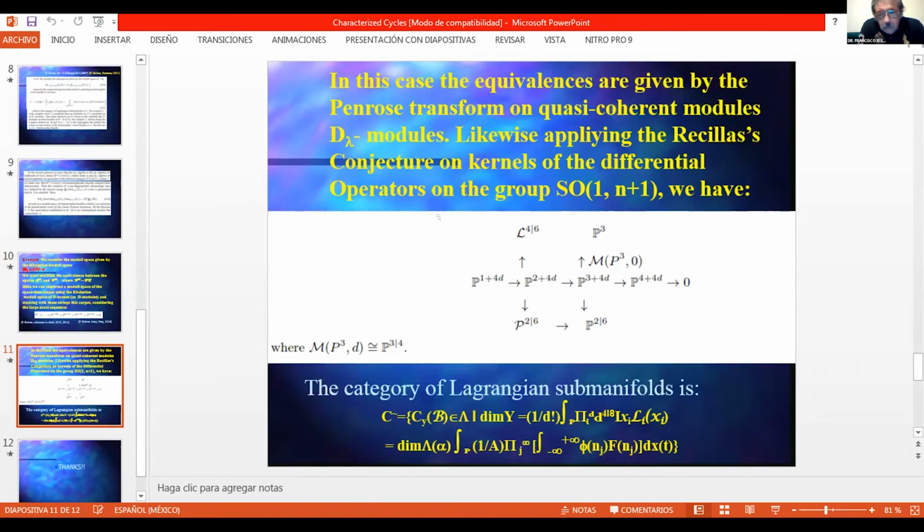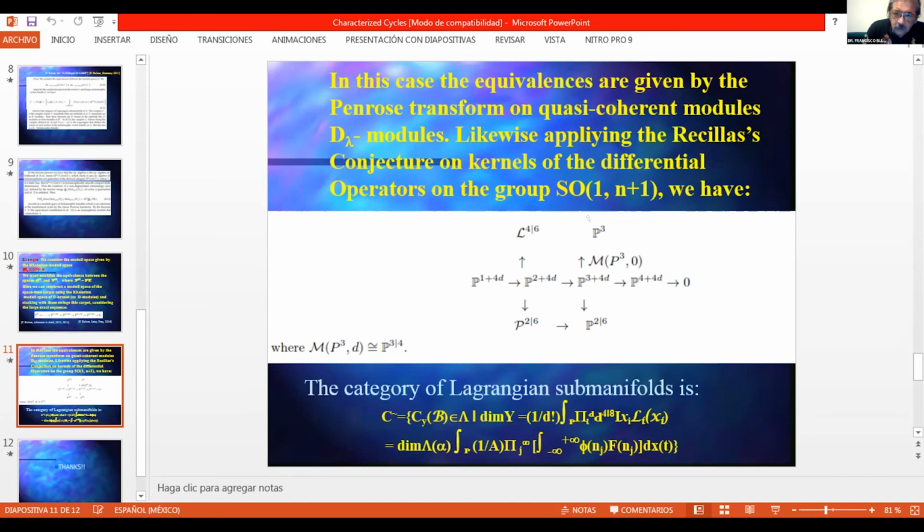And we can stack the carpet of the space-time throughout the moduli spaces or the relations, the equivalence relations given in different levels.